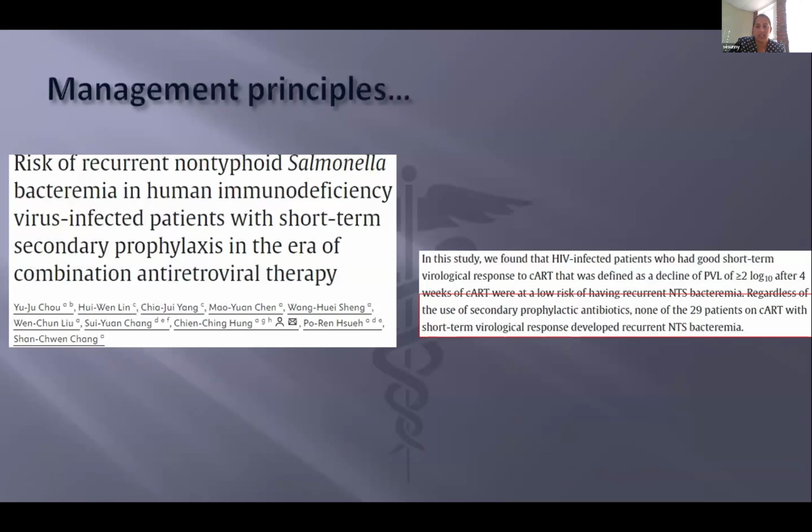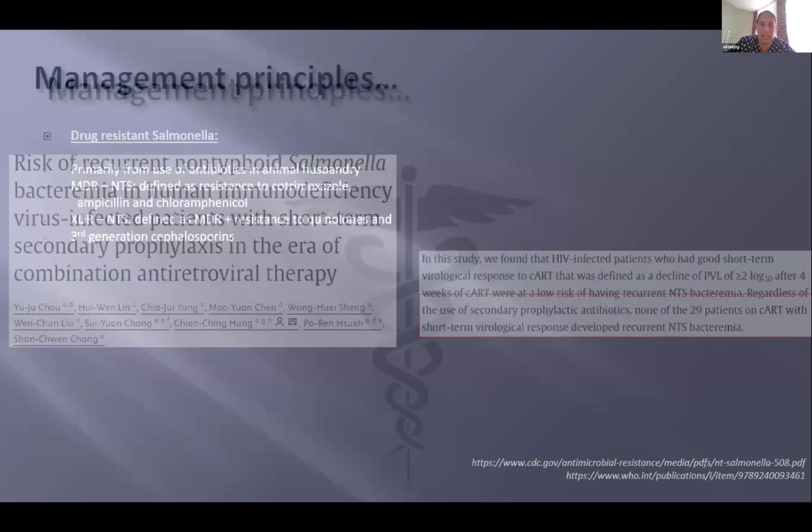So as it stands, though, in this particular paper, patients were treated only for 2 weeks initially and then sent home on ARVs. Some were given prophylaxis, others weren't. But like I said, it didn't matter in the group that were on ARVs. None of those patients actually developed recurrent NTS bacteremia.